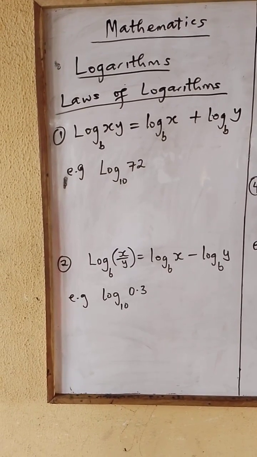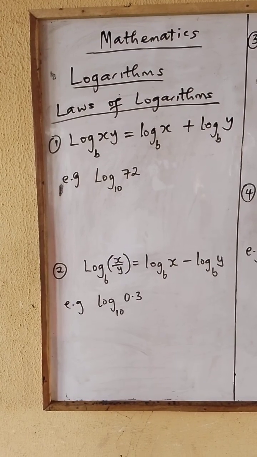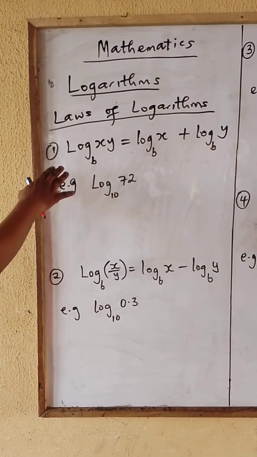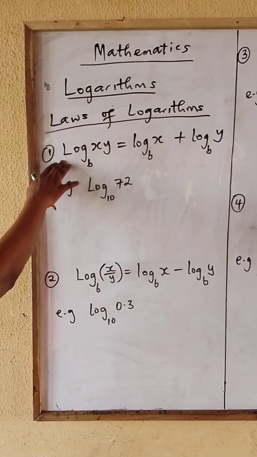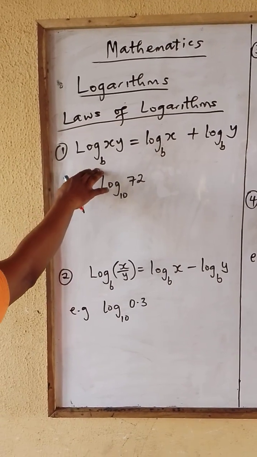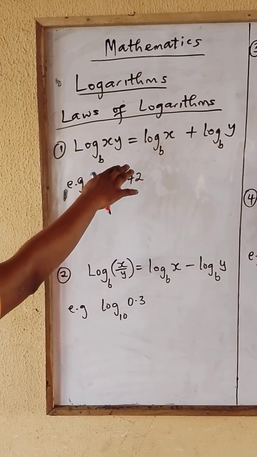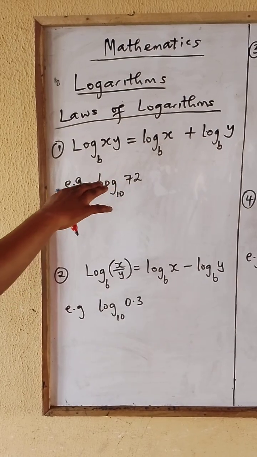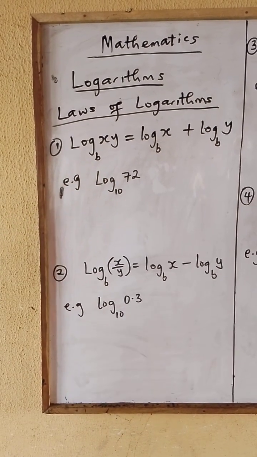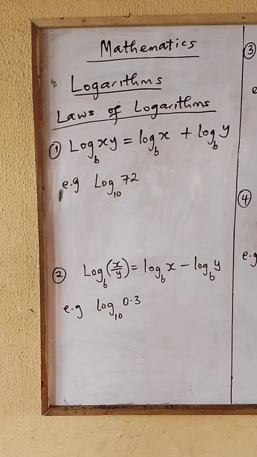Today we want to consider laws of logarithm. The first law states that log base b of xy is equal to log base b of x plus log base b of y.